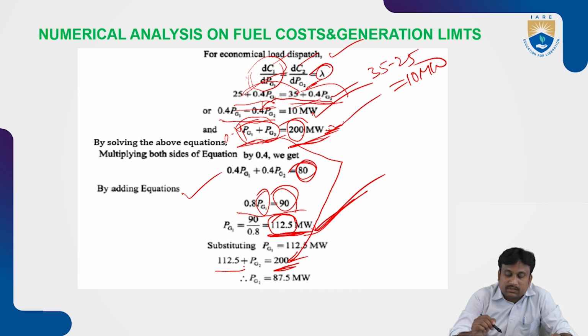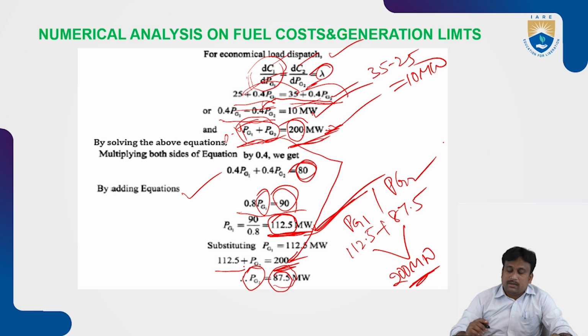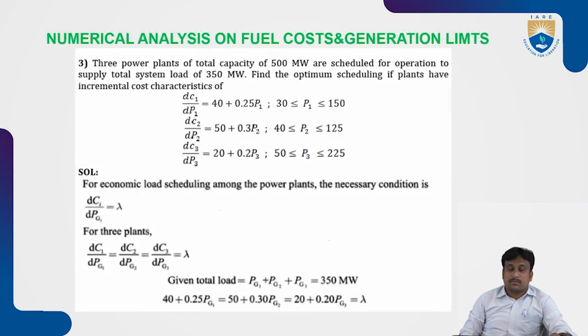So PG2 you obtain is 87.5 megawatts. You can cross-check: PG1 value 112.5 plus the second value 87.5 cumulatively gives 200 megawatts. So this is the first value and this is the second value, PG1 and PG2.